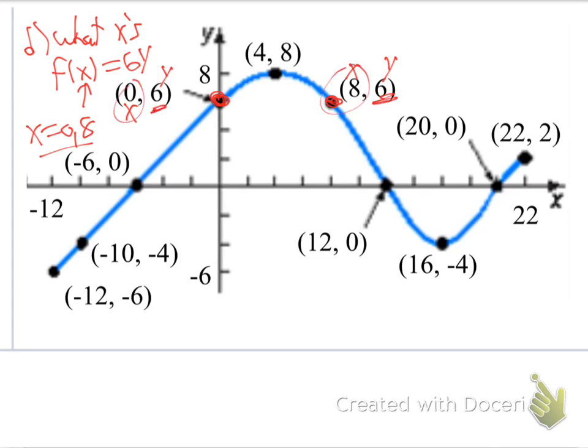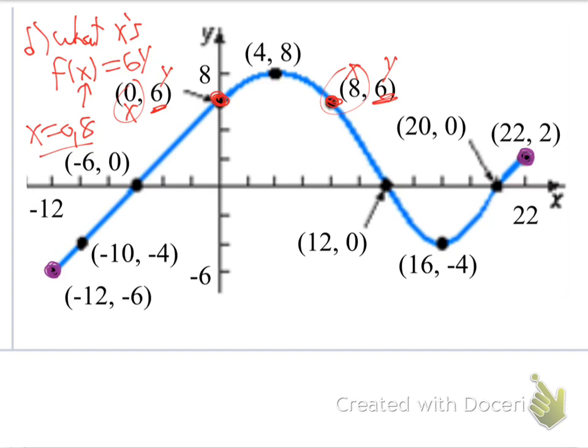Their final 2 questions, E and F, are about domain and range. Part E is going to say, what's the domain? And F, what's the range? So how do you look at a picture, a graph, and find domain and range? Do you remember? Negative infinity, positive infinity. Well, notice there's a solid dot here, not an arrow. And there's a dot here, not an arrow. So it stops there and it stops here.